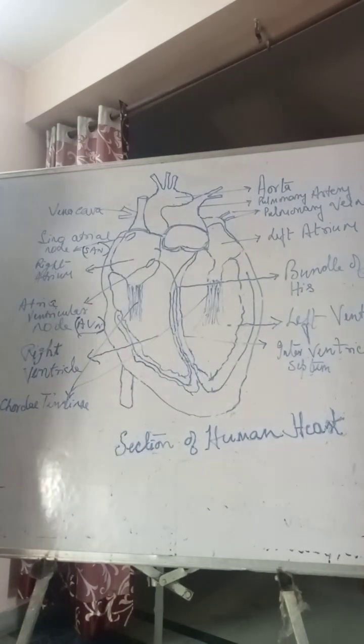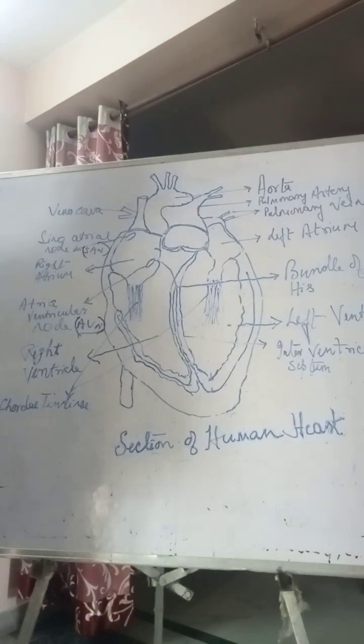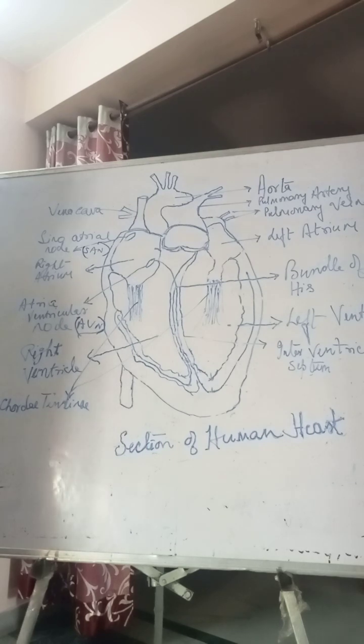So this is the cardiac cycle, students, and this SAN is called the pacemaker because it is doing what? It is generating the electrical impulse for the function of the heart, right? So that is why it is called the natural pacemaker of the heart, okay?